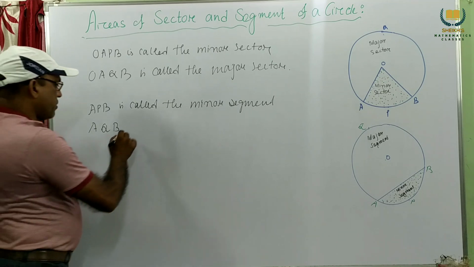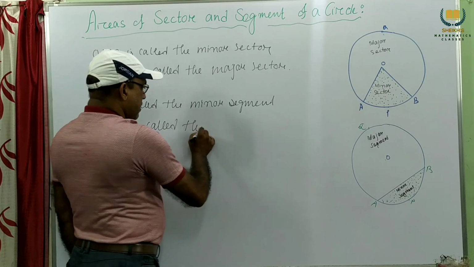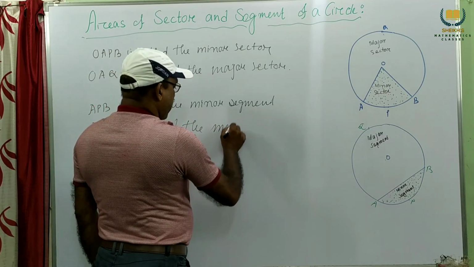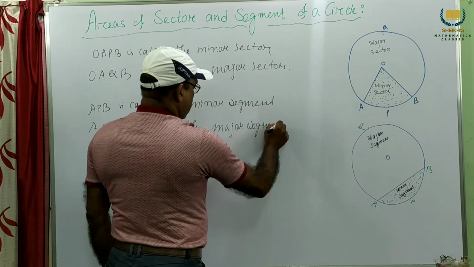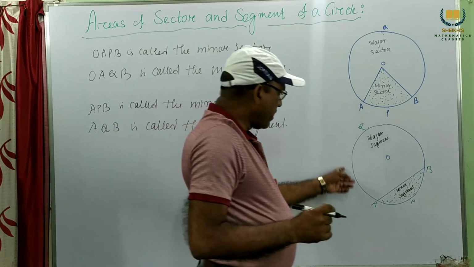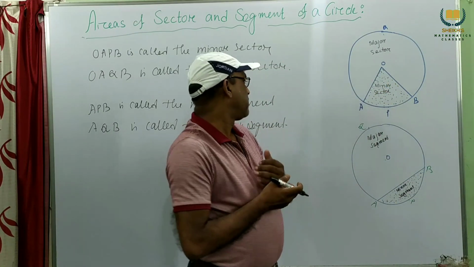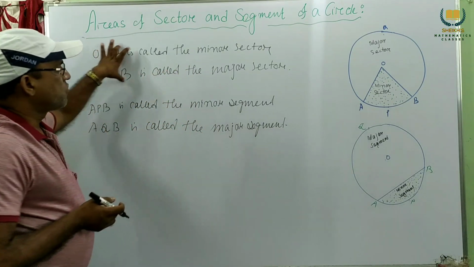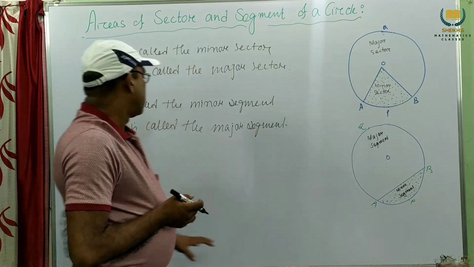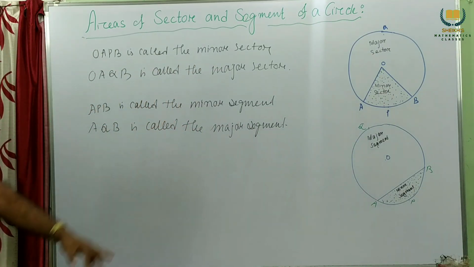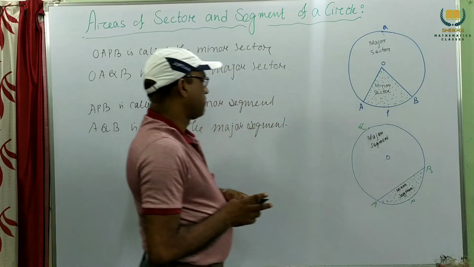AQB is called the major segment. So these are the segments, this is the sector. These two for this figure, and these two for this figure. So APB, this portion is called minor segment, this is called major segment.